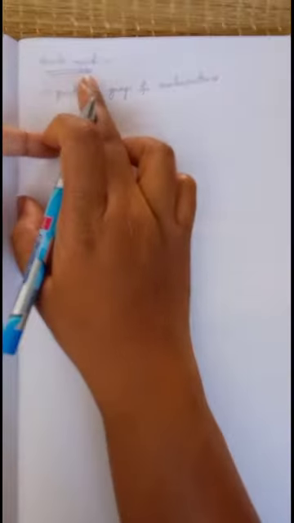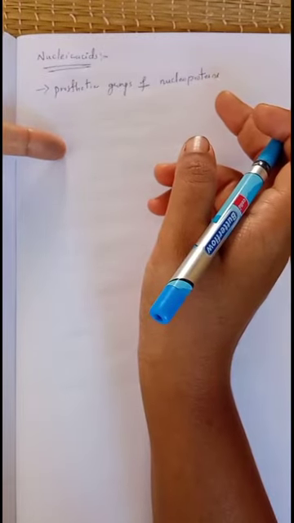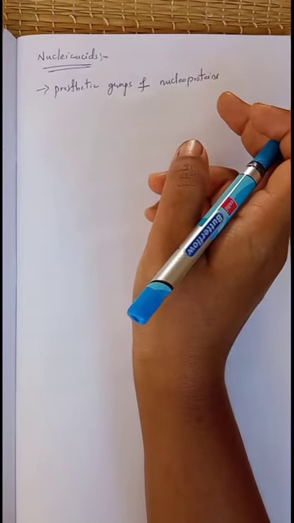Whenever n number of nucleotides, n number means many, are combined, that is said to be a polynucleotide. Such a polynucleotide is called a nucleic acid. These are present in all living cells.